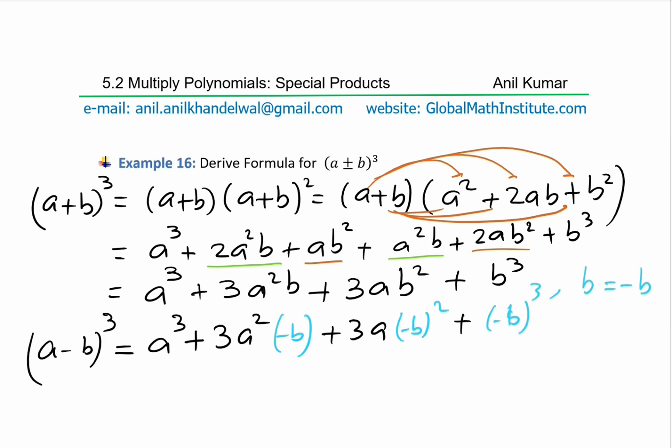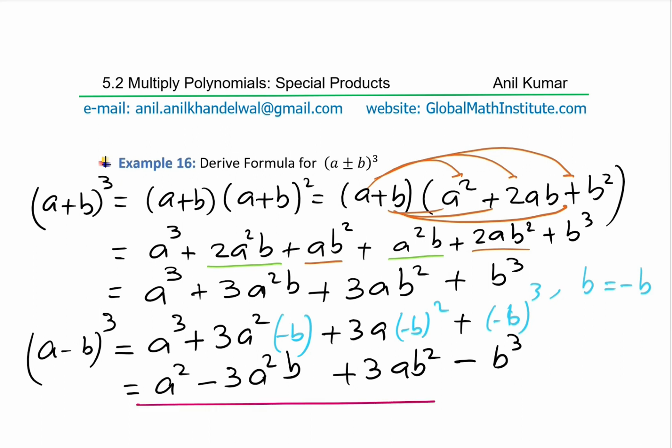So that helps. So what we get here is a cube. When you multiply negative with positive, you do get a negative term. So we get minus 3a square b. Negative square becomes positive, so this term remains positive. Here we get a negative b cube. Do you get the idea, right?